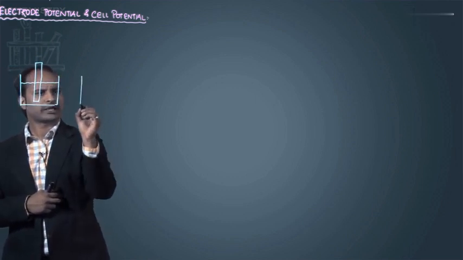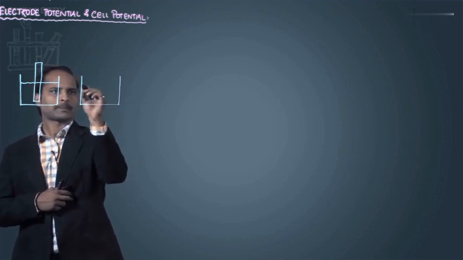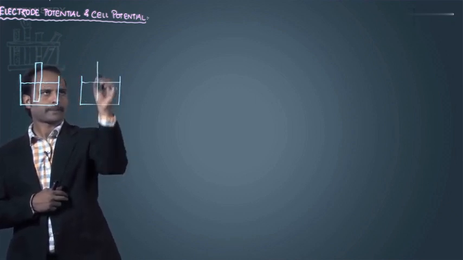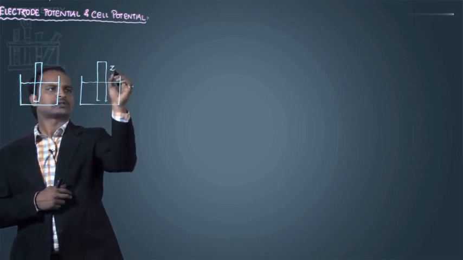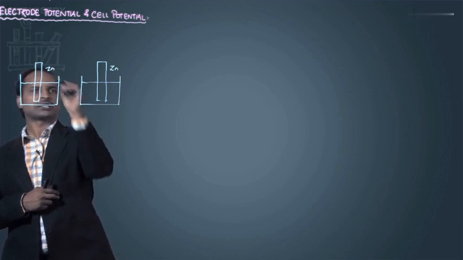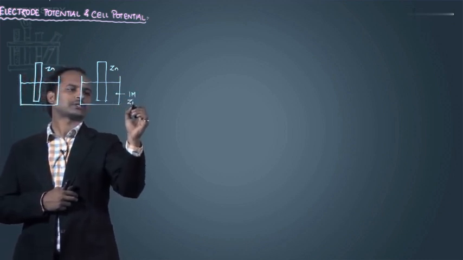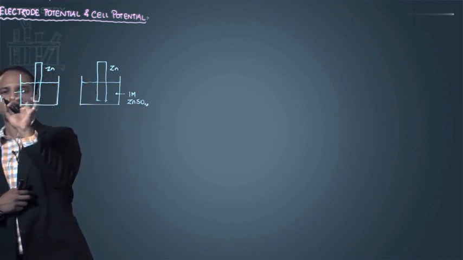The same electrode I am considering again, a zinc electrode only. This is also a zinc electrode. Both are kept in 1 molar zinc sulfate solution. So here also, 1 molar zinc sulfate solution.